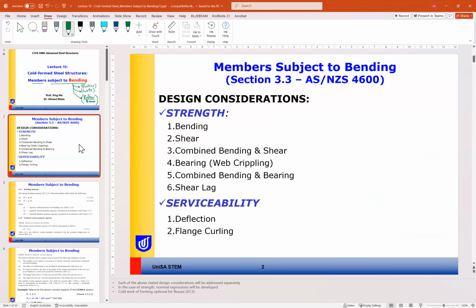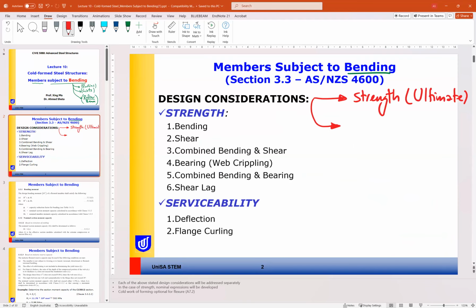So what are the design considerations for members subjected to bending moment? As you know, we have two types of consideration, or actually three, but we focus only on two. We have strength or ultimate limit state, and we have serviceability limit state. For strength limit state, we have bending capacity, shear capacity, and combination between bending and shear.